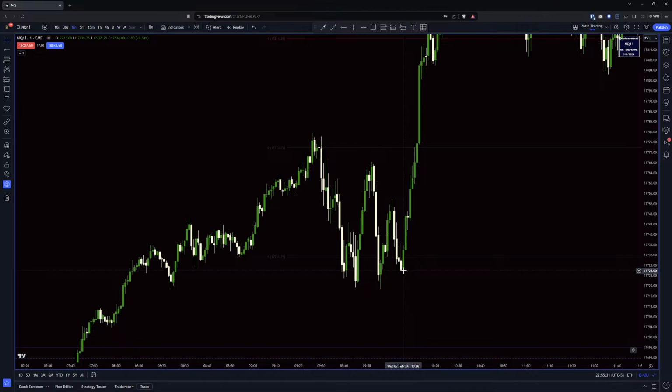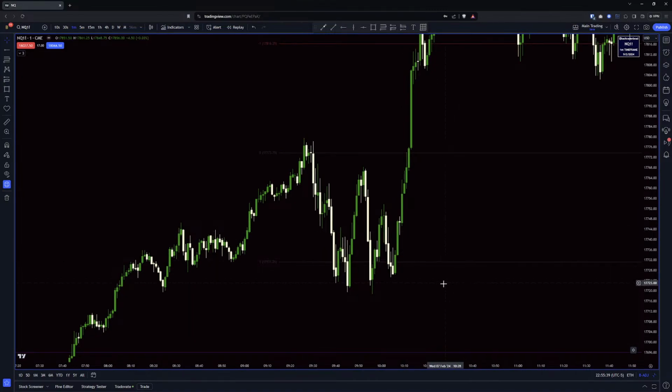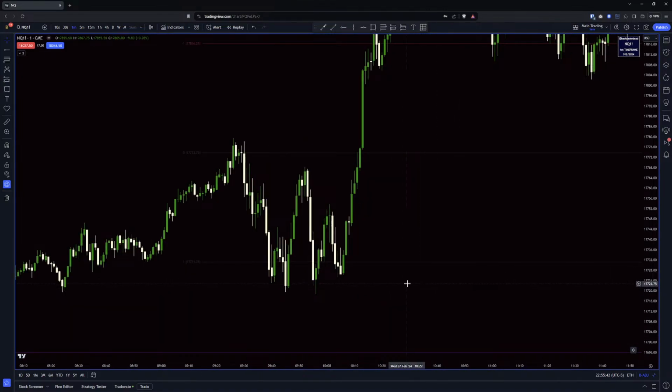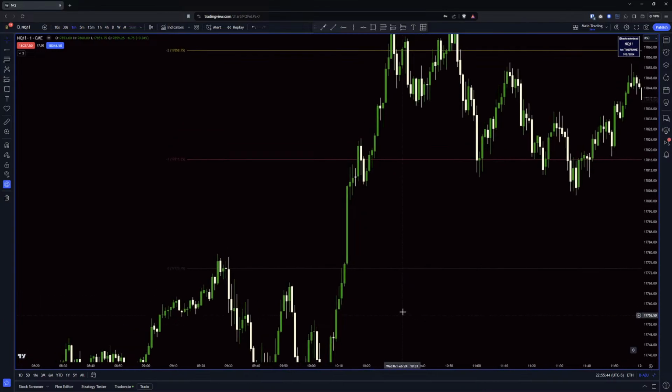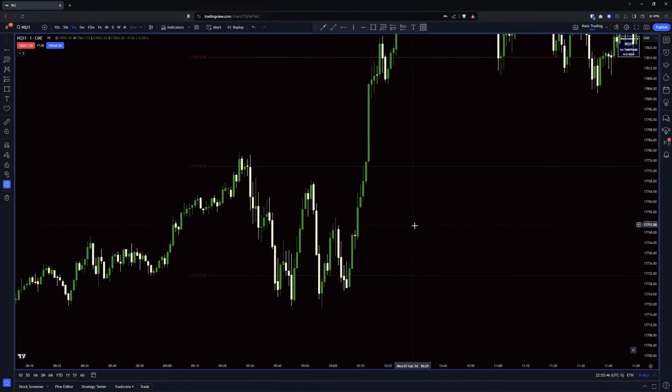So if we wait for 10 a.m., which is ICT Silver Bullet, right? We would get entry. We wouldn't even really get entry on the 1 minute. I mean, this thing just took off, right? After this manipulation phase here. Yeah, this is a tough one.